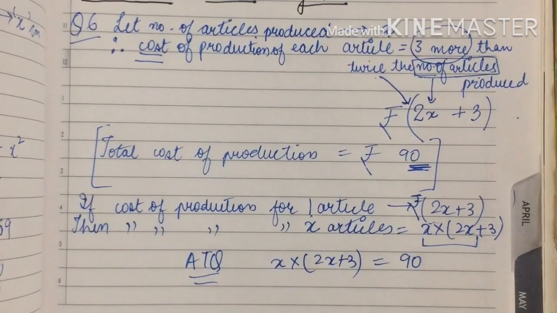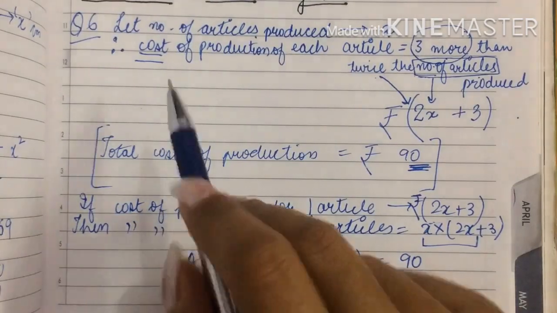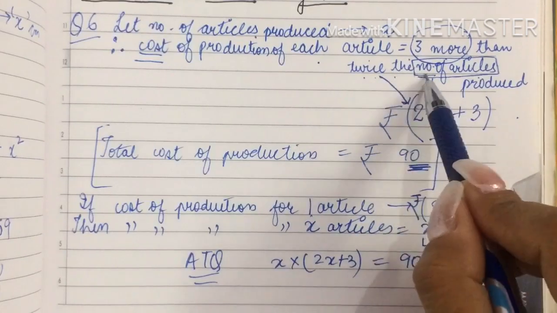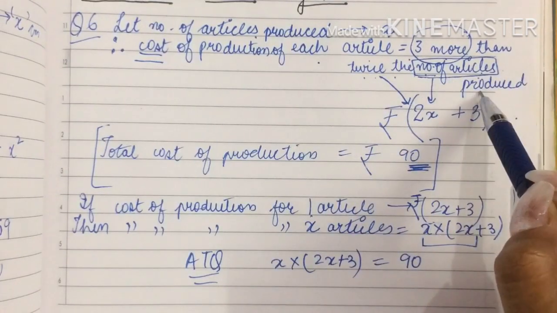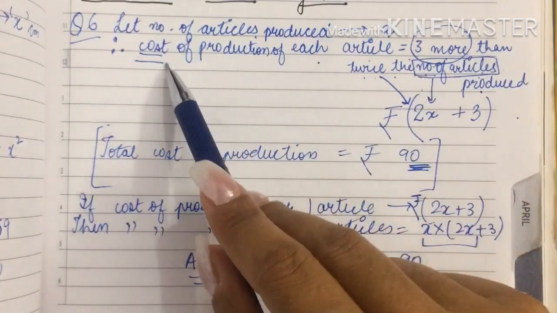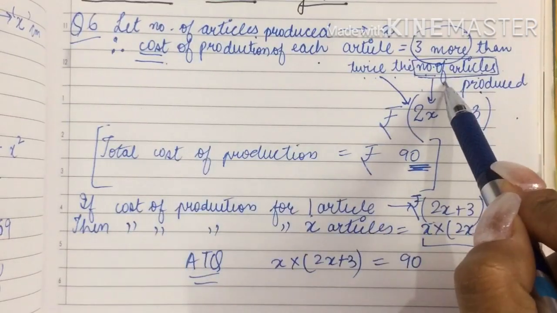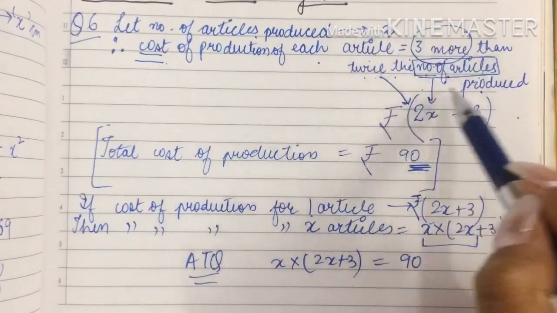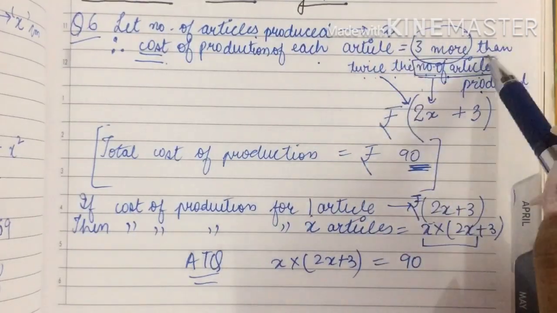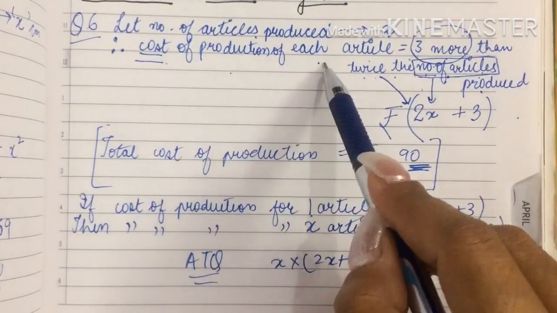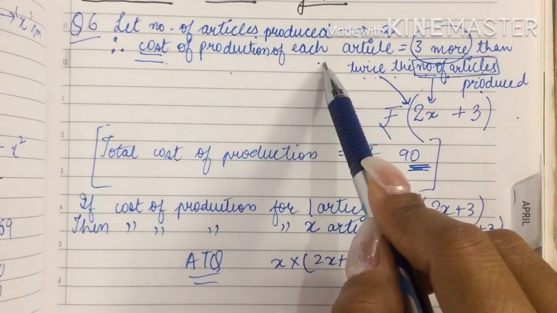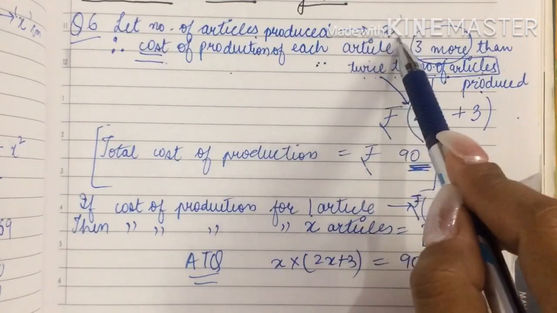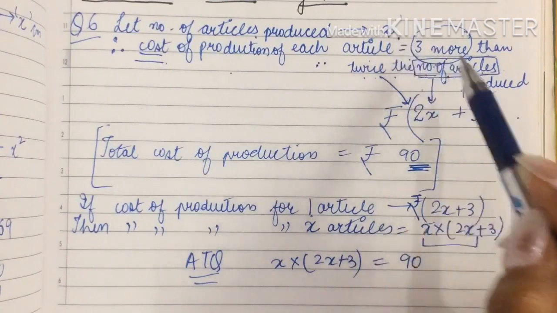Once again, I was given that the cost of production of one article is 3 more than twice the number of articles produced. This is a relation between the cost and the number of articles. I let the number of articles be x. From this expression, I found the cost of production of one article. If I have the cost of 1, I can find the cost of all articles produced. This is the cost of 1.